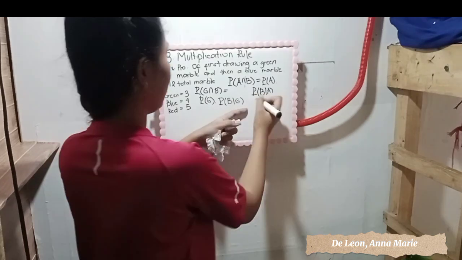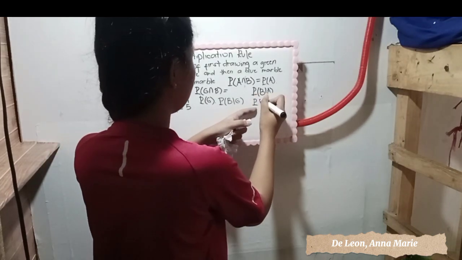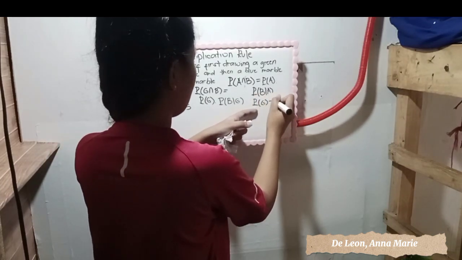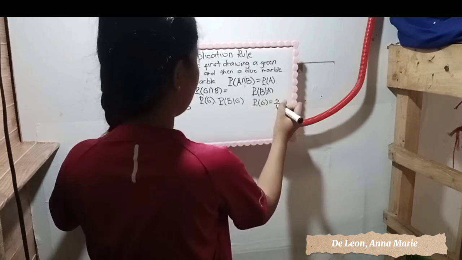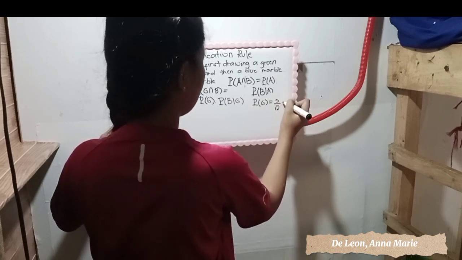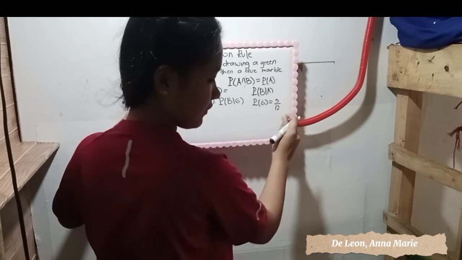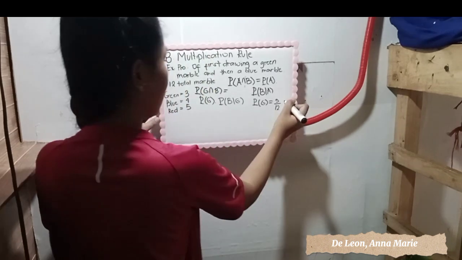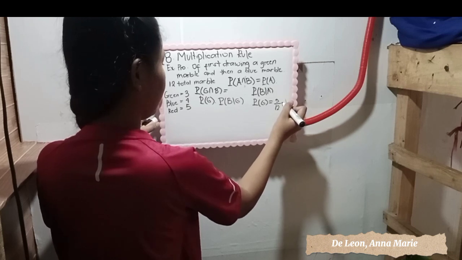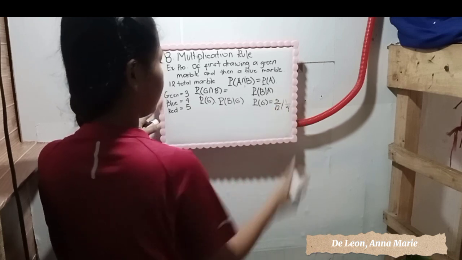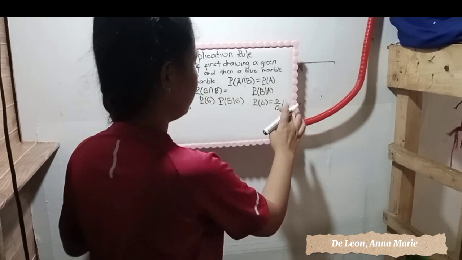So the probability of green marble is equal to 3 over 12, or to simplify that, 1/4.